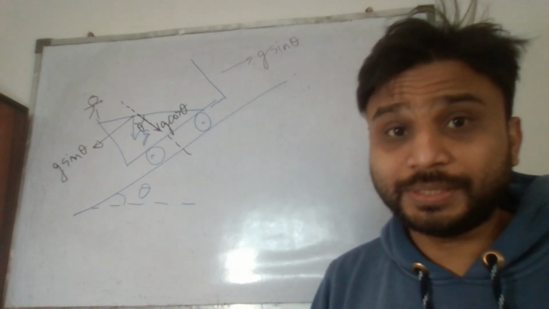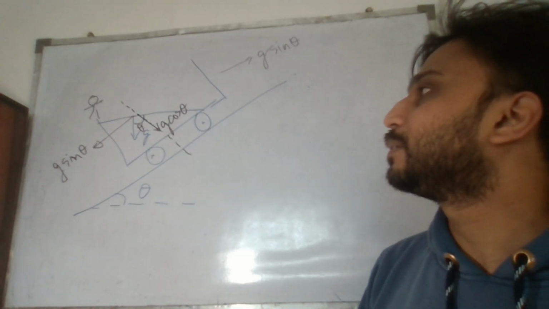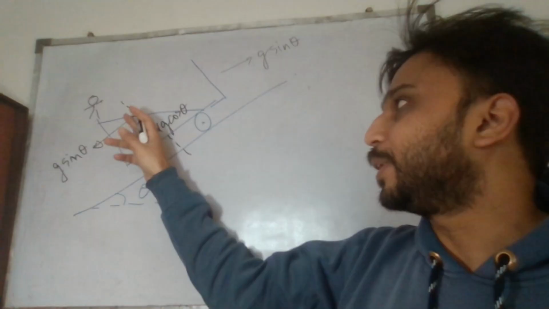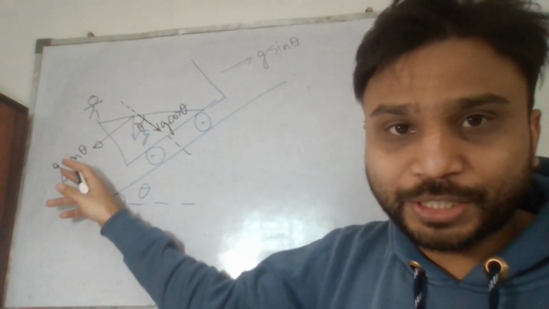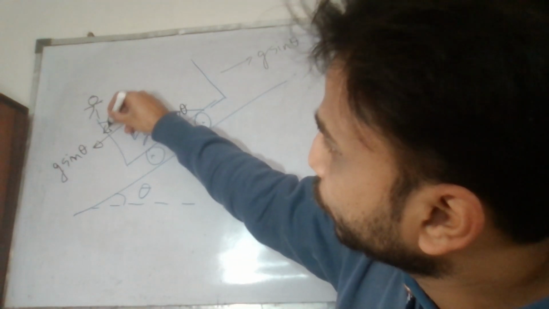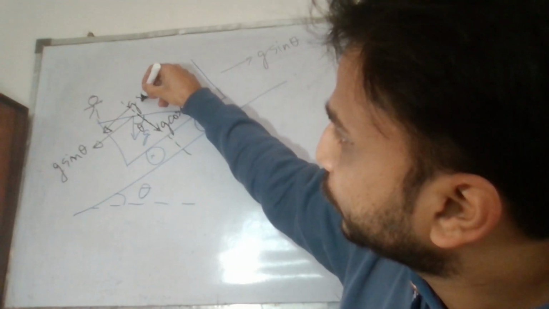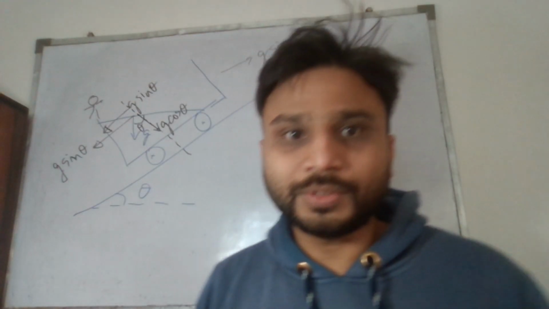That would be what component it makes. And the component of g along this direction, that is vertically downwards, is going to be g sine theta only, right?